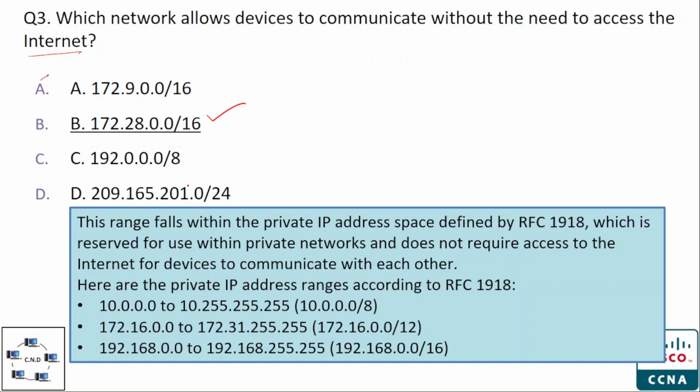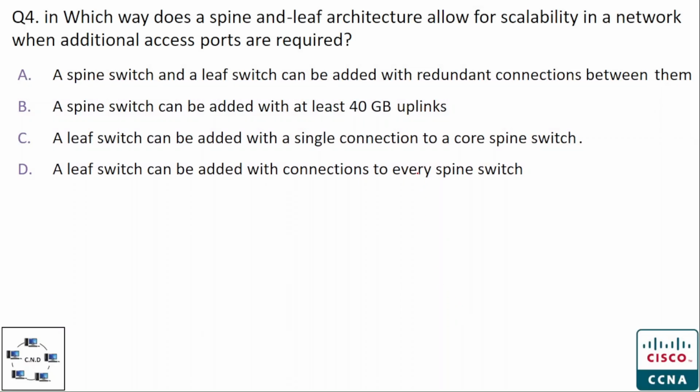So in this particular example, our correct option lies in this range. It is /12. And the third range is 192.168.0.0 up to 192.168.255.255, or 192.168.0.0/16. So these three are the private IP address ranges.